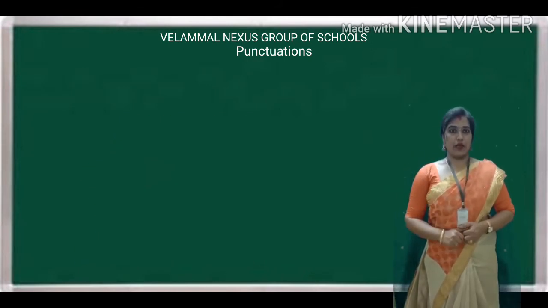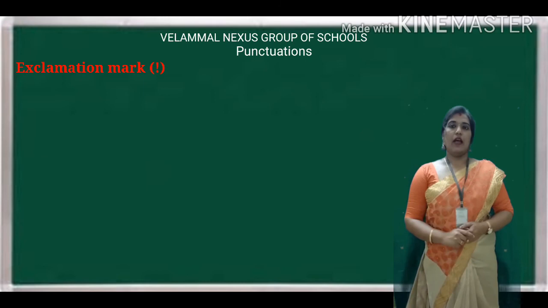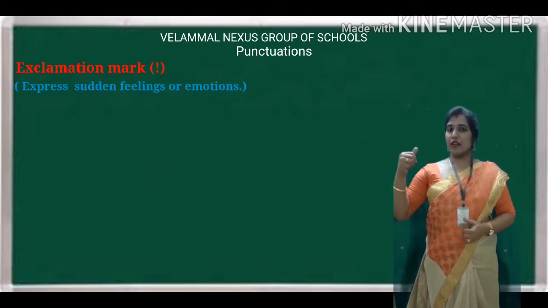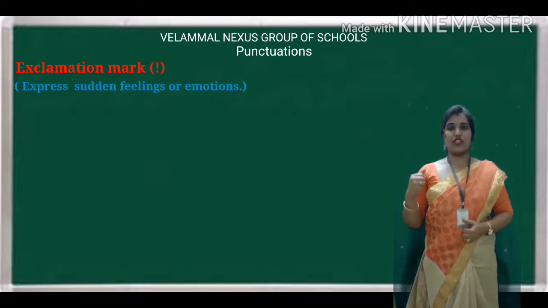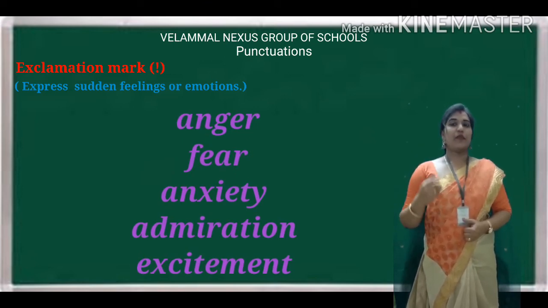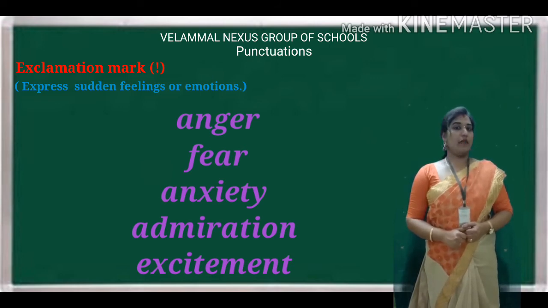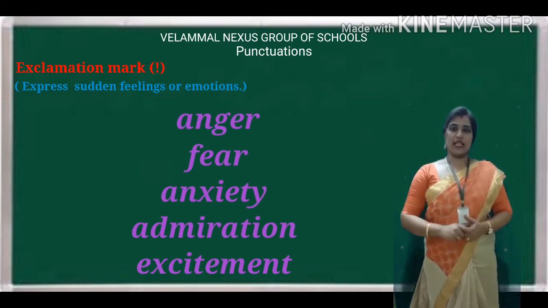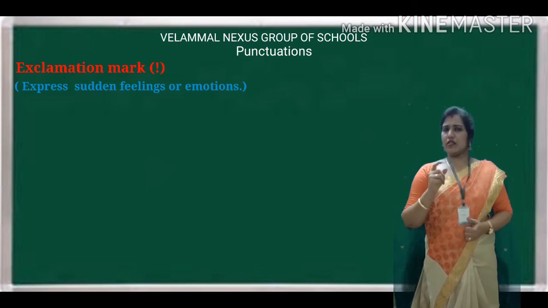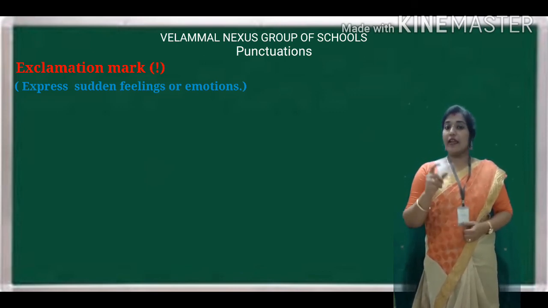Now the last punctuation mark, the exclamation mark. The exclamation mark is a type of punctuation mark placed at the end of a sentence that expresses sudden feelings or emotions such as anger, fear, anxiety, admiration, excitement, etc. This exclamation mark is also used after an interjection.